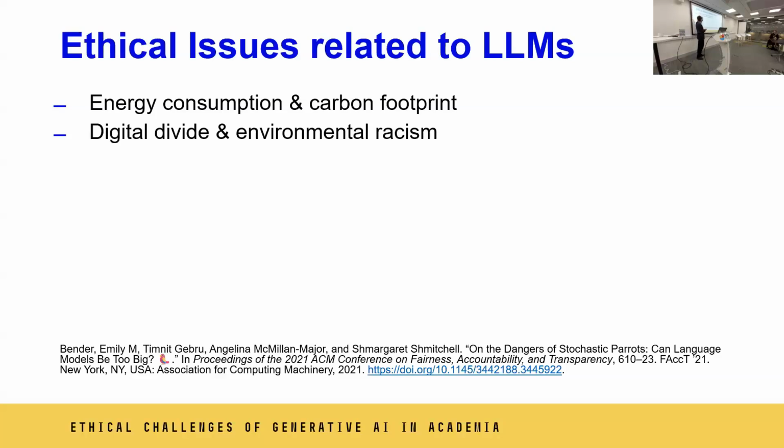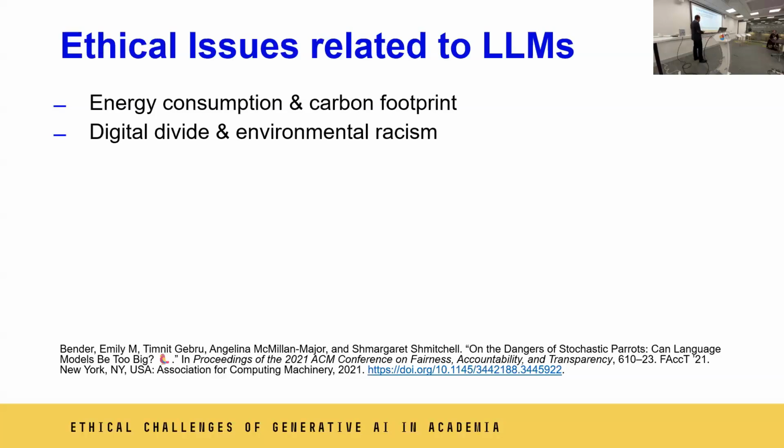Digital divide is also an issue that is discussed. There is a certain category of people, like all of us here, who can afford it. We have mobile phones, we have computers, we have access to this technology, but most of the population of the planet doesn't have access to that technology.